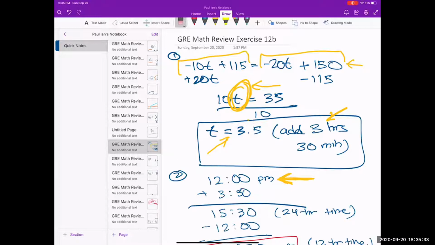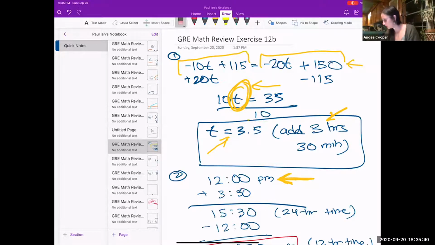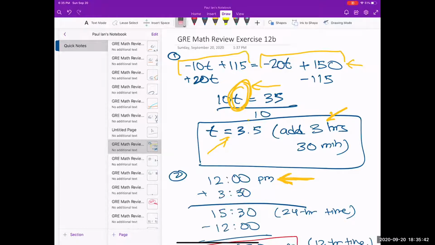I wouldn't read through the question wondering what you have to subtract. Force yourself: I know there's two equations, so I must have to do something to them. Both of them have T, so they have to equal each other. And the word equidistant is there to confirm it.